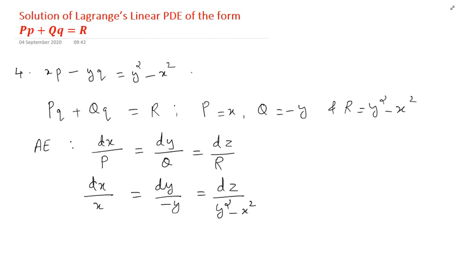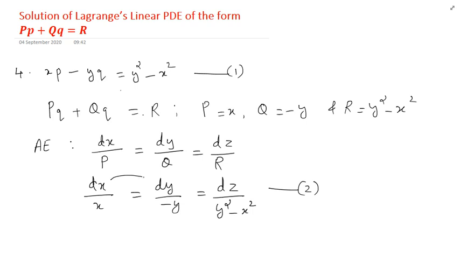So now for finding the solution of the first equation, that is the question, it is enough to find two independent solutions of the auxiliary equation given by the second equation. For that, you have to find two ratios which can be written in variable separable form and hence can be integrated.